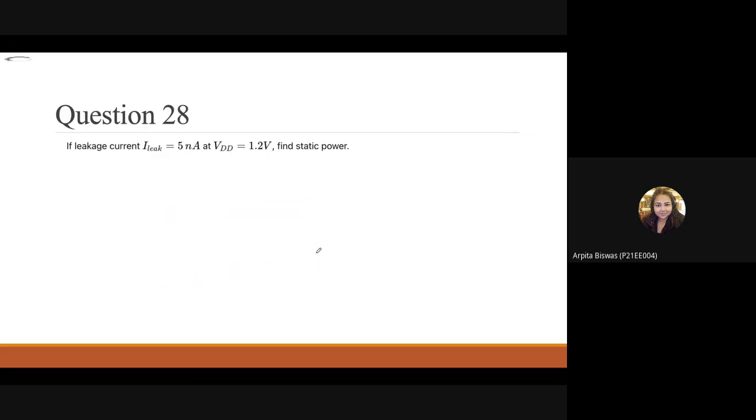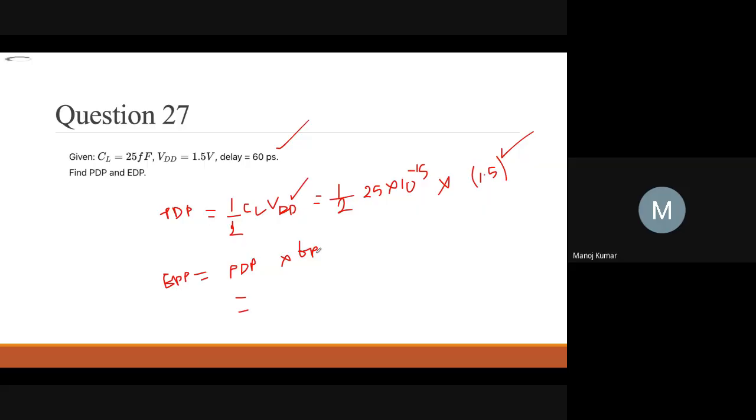Ma'am, 27th question answer once again. Just calculate the value. PDP is equal to 28.12 fJ.